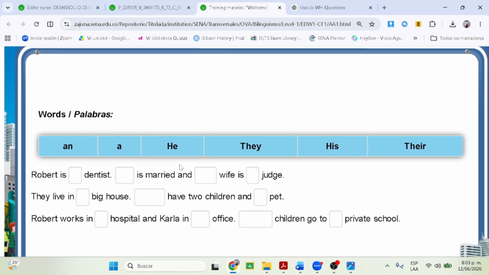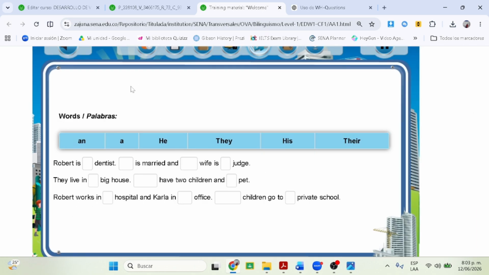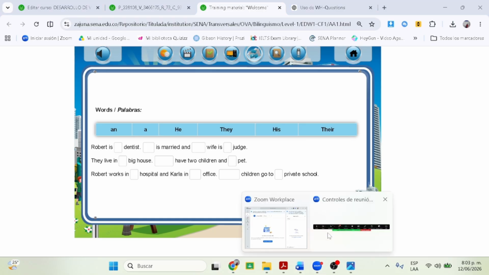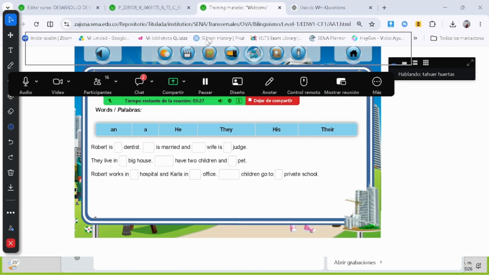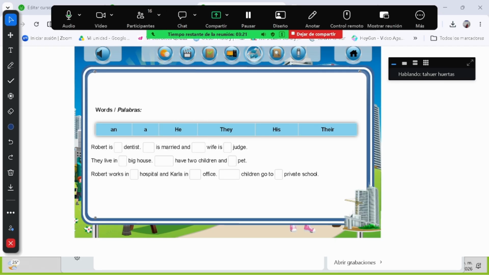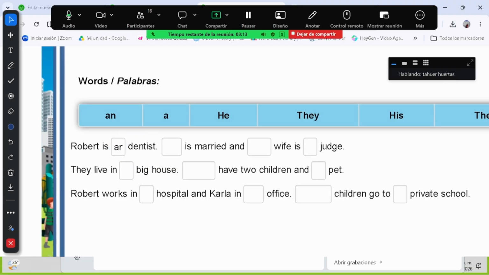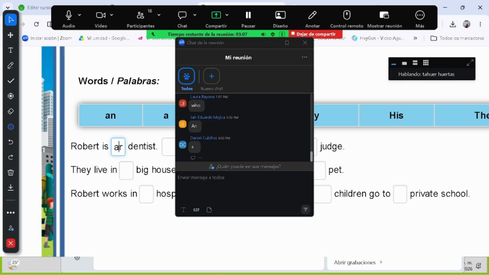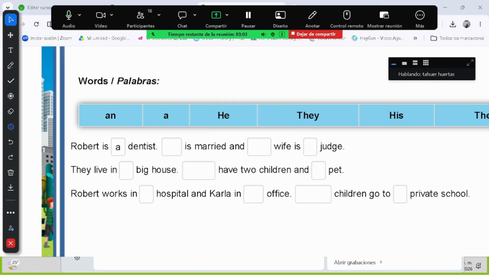Here, for this exercise, we have some topics. Okay, here it says an. Oh, you just have to type the word. Okay, Robert is an dentist. Daniel says the correct word is a. Robert is a dentist.